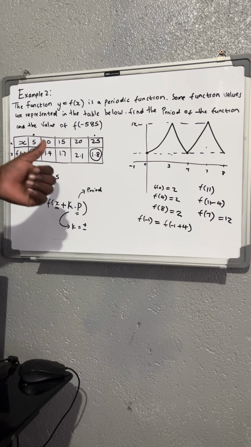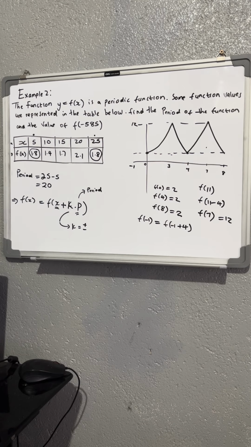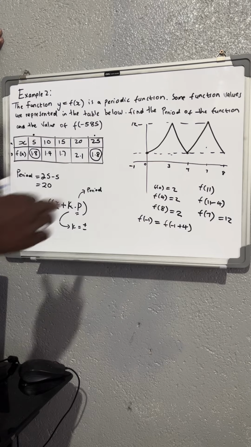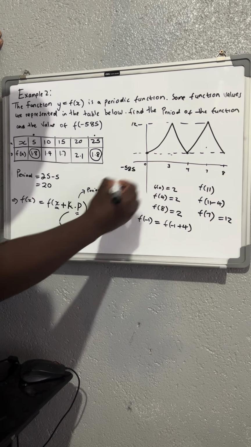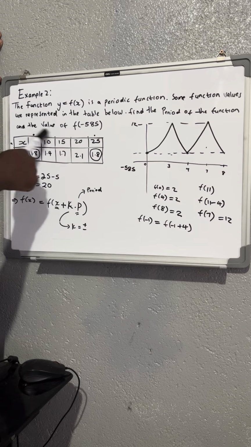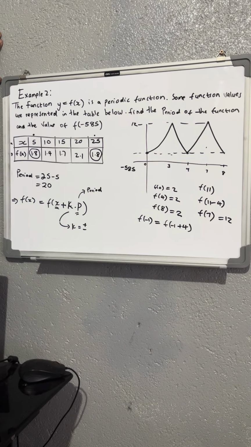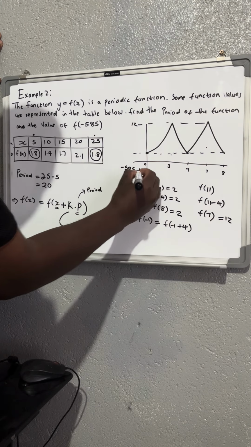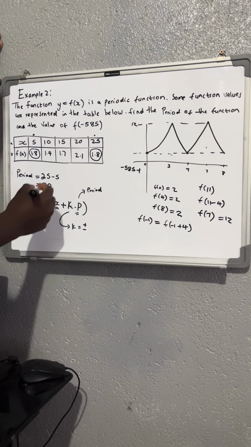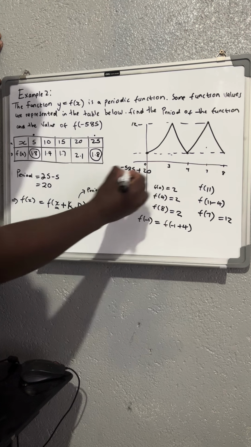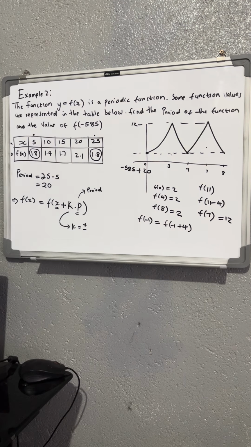Now we're having this similar example but in a table format. They want to know the x values on the left hand side that are negative. We now have -585. In order to work to the side that is positive, we have to add the period, which is going to be that 20.